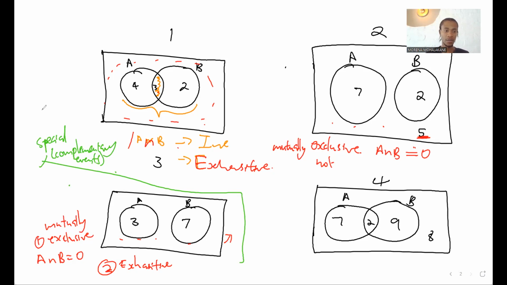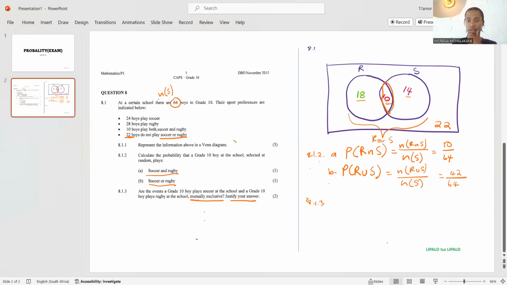Okay, now continuing to this thing here. These ones are inclusive, right? And not exhaustive. Mutually exclusive means no intersection, right? Here again, mutually exclusive, no A and B. So if I go back to this thing here, do you see that there's an intersection?